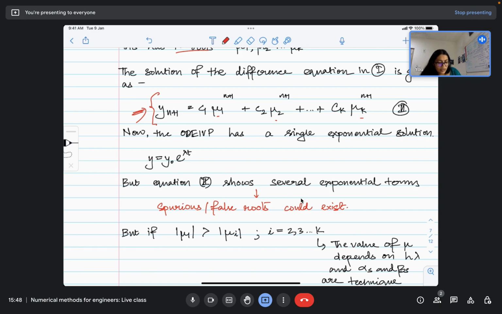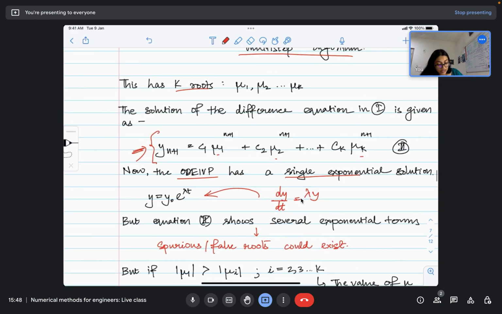But the ODE IVP that we had written was just dy by dt is equal to lambda y. For this ODE IVP, the analytical solution is y is equal to y naught e to the power lambda t, and this has just one single exponent. So there should be just one single mu over here, which is supposed to be the root.